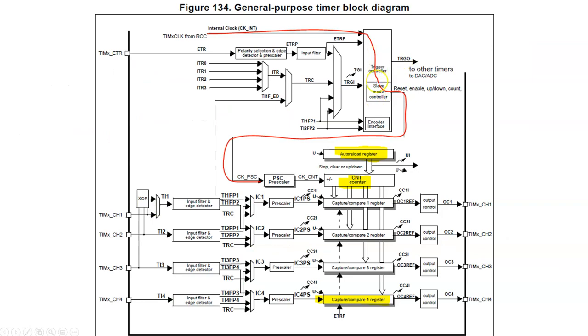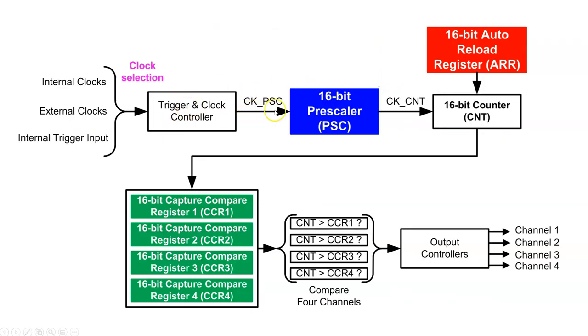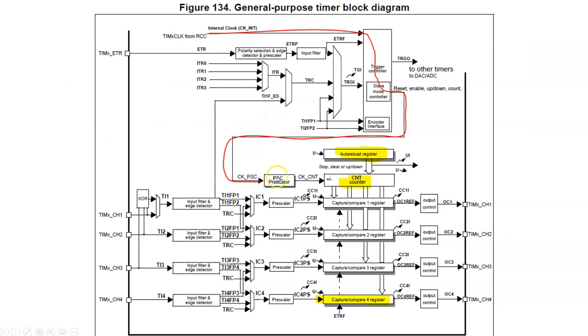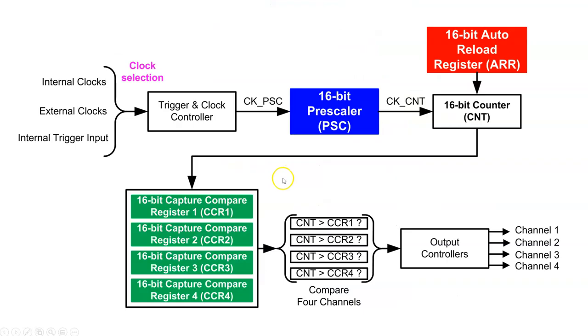So that's a trigger circuit right here, simplified as this. Goes into the clock prescaler. So that's a clock prescaler right here. The prescaler clock counter, that's a 16-bit counter with the auto reload register, and that can be fed into the capture compare register or can be compared with the capture compare register.